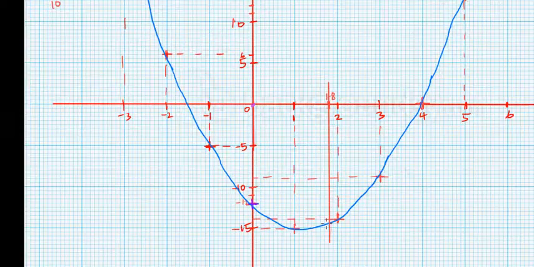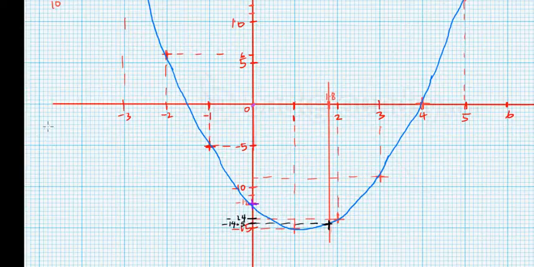We'll trace this to the y-axis, and let me use black. You see, this is the point where the line touches the curve. So you trace it to the y-axis. This is minus 14, so this is going to be minus 14.5.